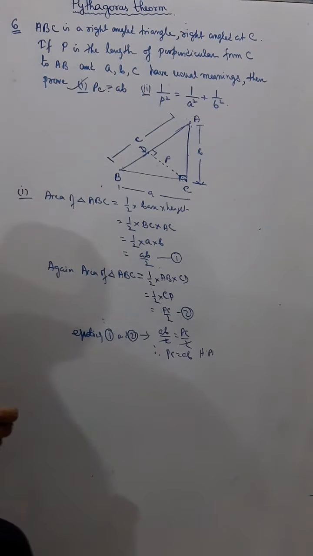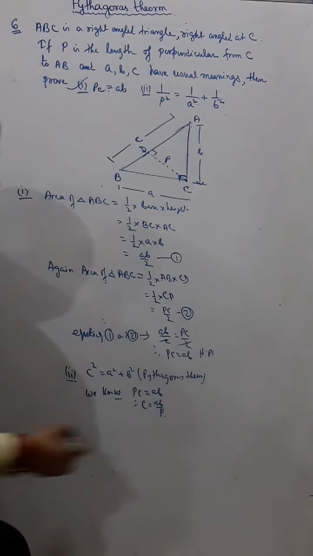So in this relation, we have to remove this c. From here we know pc equals ab, and we can simply say that c is equal to ab by p.